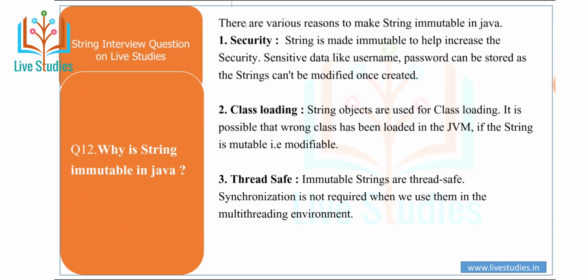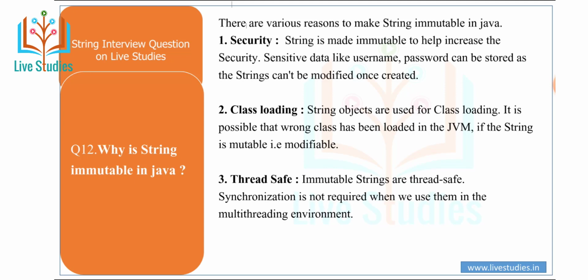Another question is, why is String immutable in Java? A very important question. There are three reasons: security, class loading, and thread safety. Remember it. For security, String is made immutable to help increase security.